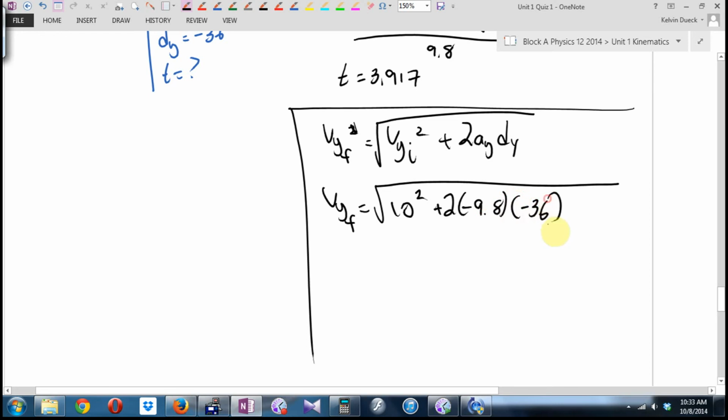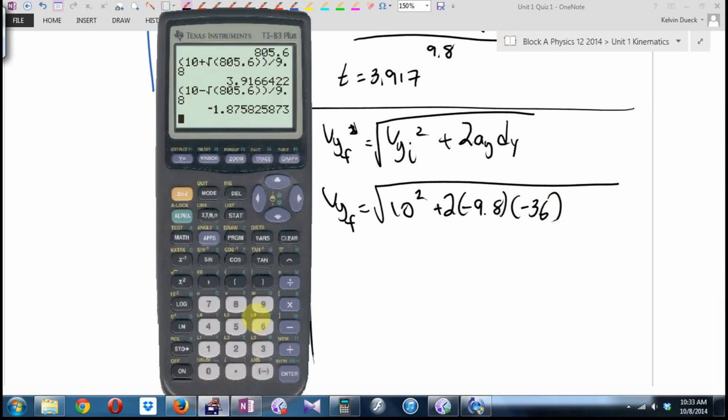I think it was 36, wasn't it? Yeah. Square root of, oh, turns out that's also the discriminant. You're sort of doing the quadratic formula in disguise. 28.38.